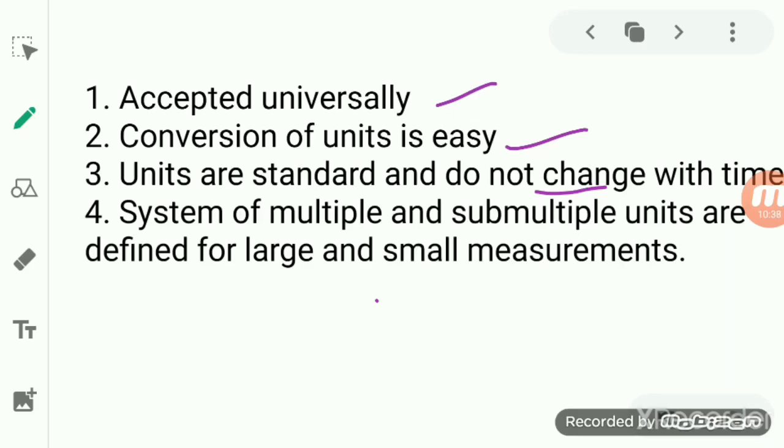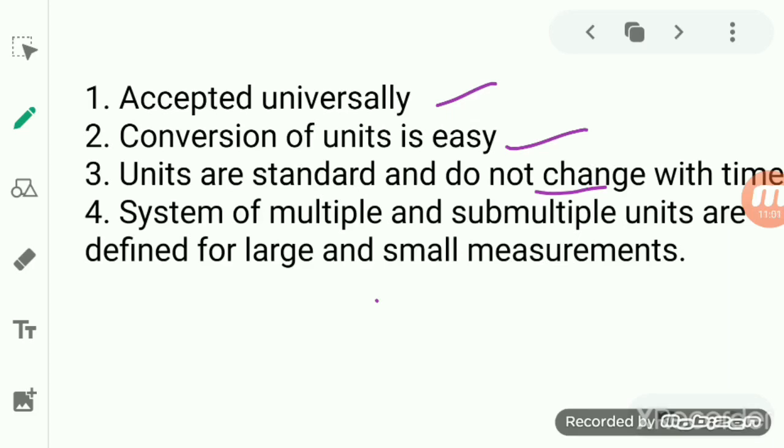It does not vary from person to person. So we can say it is a standard unit. And why is it standard? Because it remains fixed, it does not change. So units are standard and they do not change with time and place.